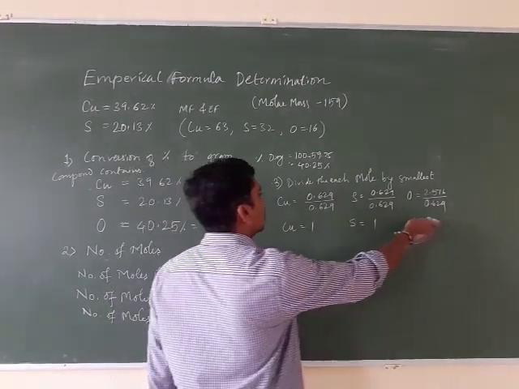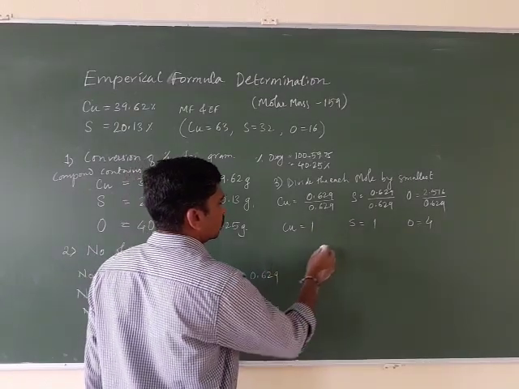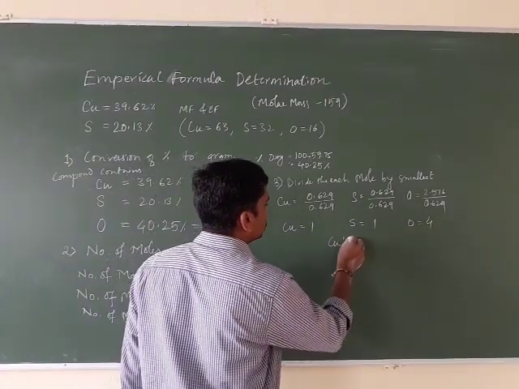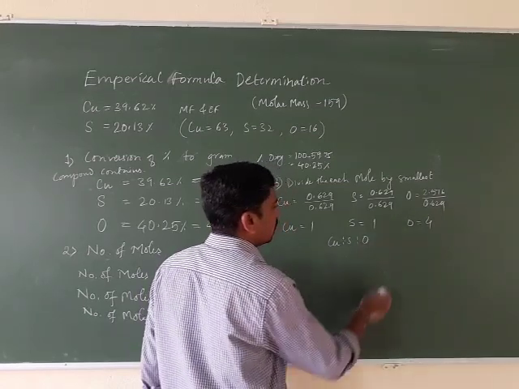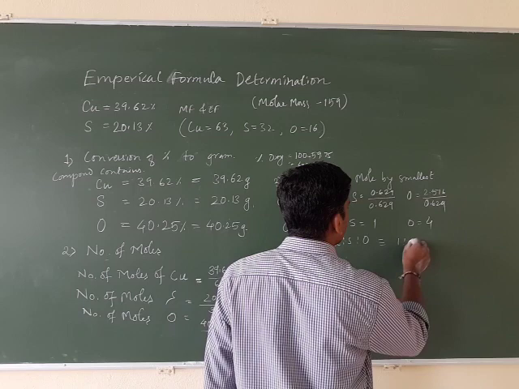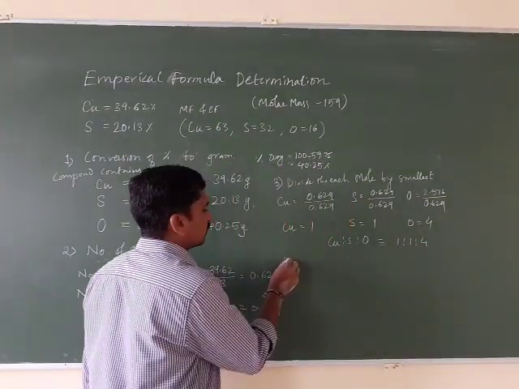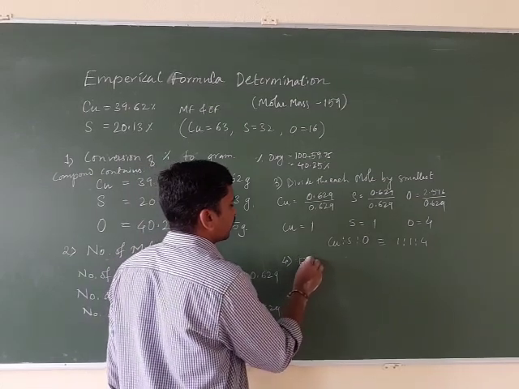Here we are getting a whole number ratio. So we can write Cu : sulfur : oxygen as 1 : 1 : 4.